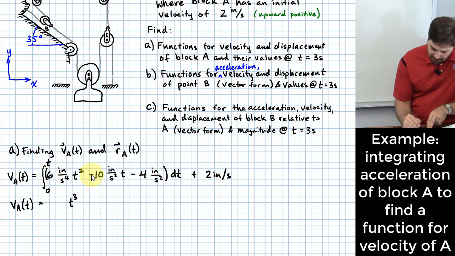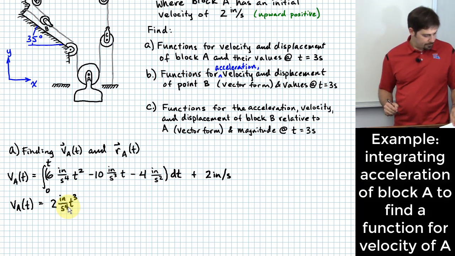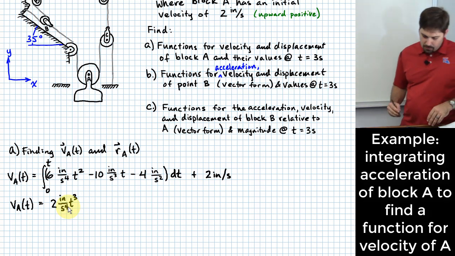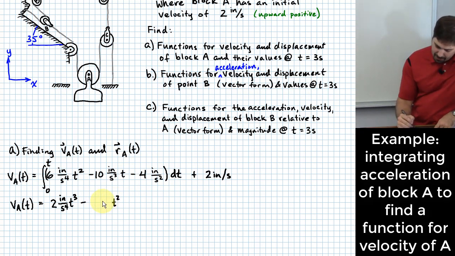And if you divide by the new exponent there, it ends up giving you 2 inches per second to the 4th. Then minus, here I can take that t, increase the exponent, divide by the new exponent, and it ends up giving me 5 inches per second cubed.